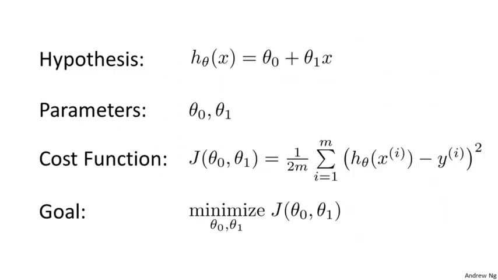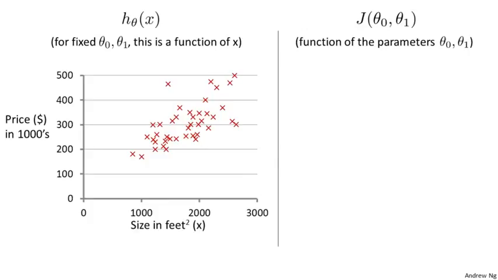Here's our problem formulation as usual with the hypothesis, parameters, cost function, and our optimization objective. Unlike the last video, I'm going to keep both of my parameters theta 0 and theta 1 as we generate our visualizations for the cost function. So, same as last time, we want to understand the hypothesis h and the cost function j.